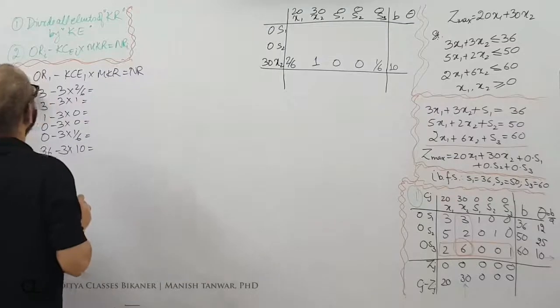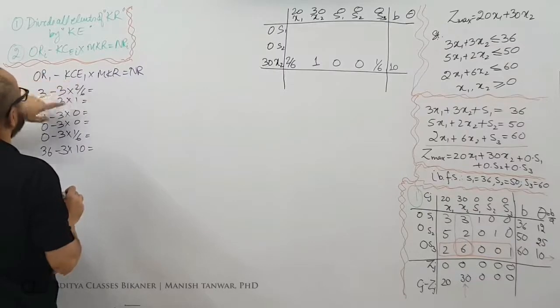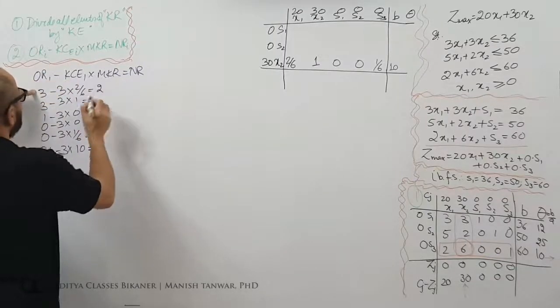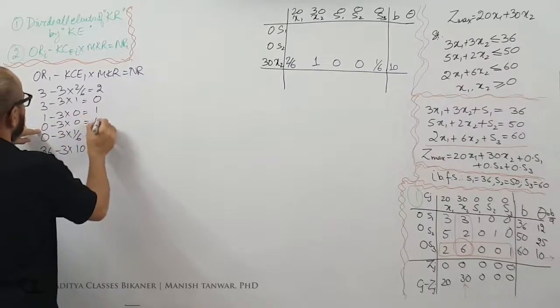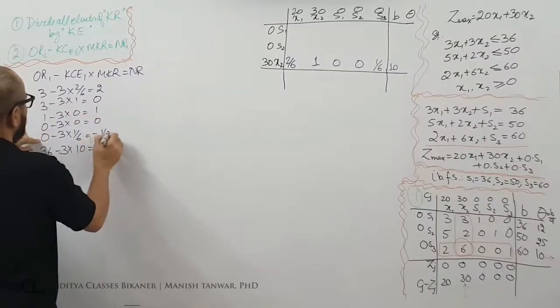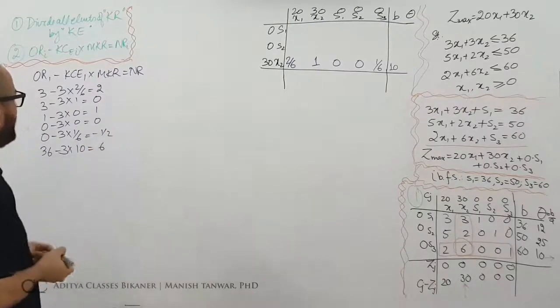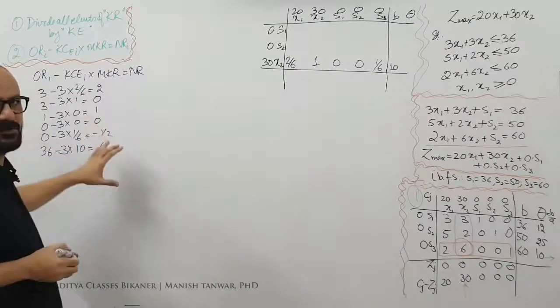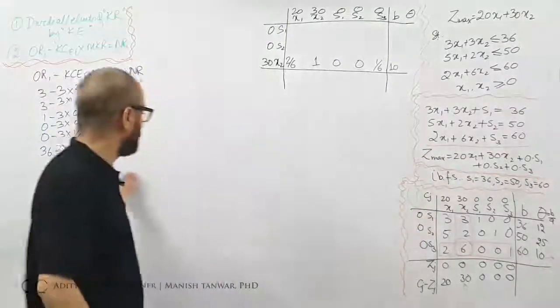So this becomes 2, 6 by 6 is 1, 3 minus 1 is 2, 3 minus 3 is 0, 1, 0, minus half, 36 minus 30 is 6. So these are the values of my first row, which has been transformed now.